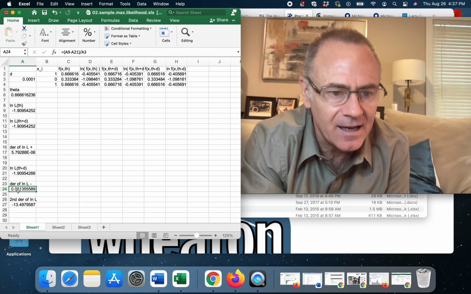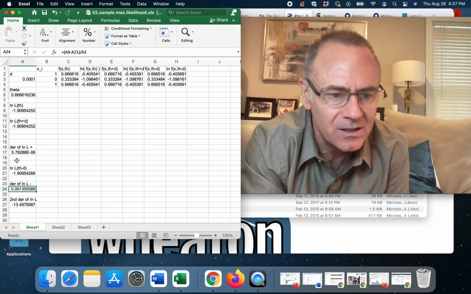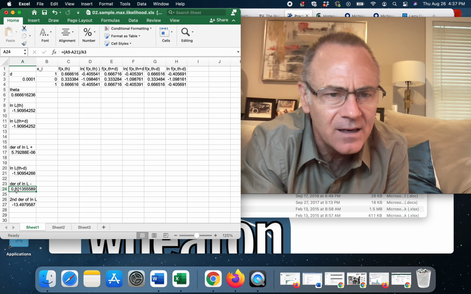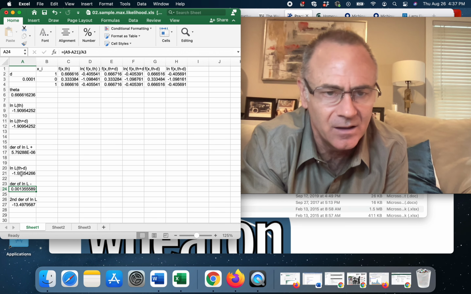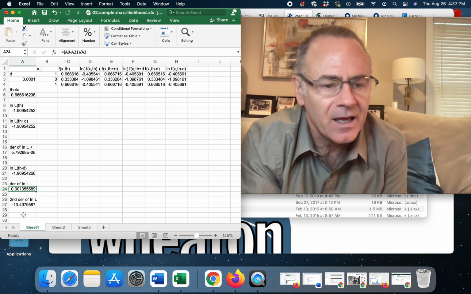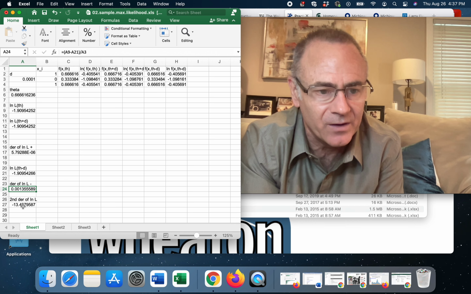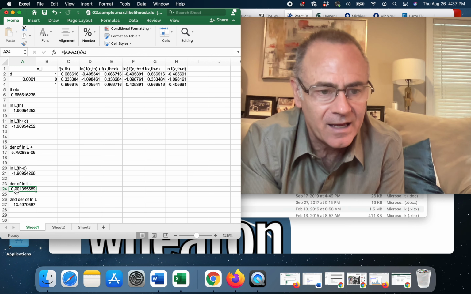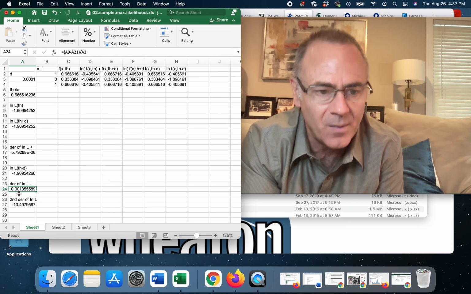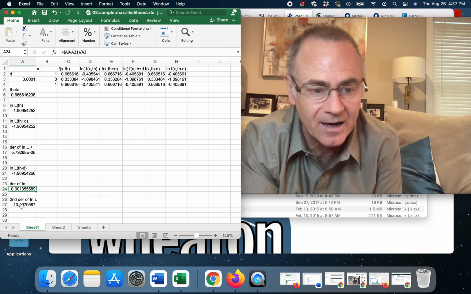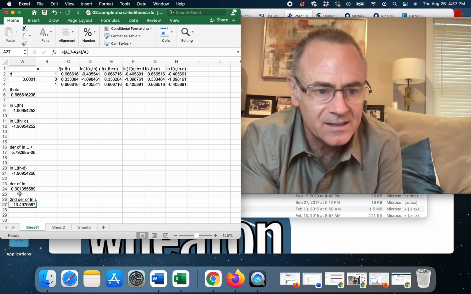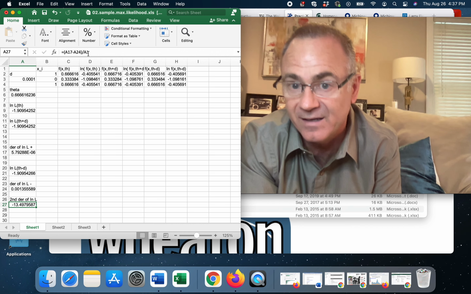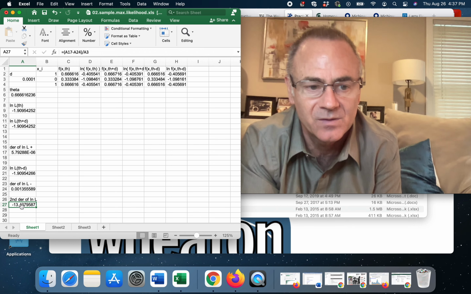So it just equals A9 minus A21, this cell, all divided by D. Then to get the second derivative, I've just taken the positive derivative minus the negative derivative and divided it by D, and that's what is here. It is A17 minus A24, all divided by D, which is A3. So that is the second derivative.